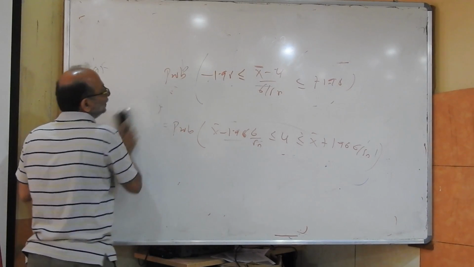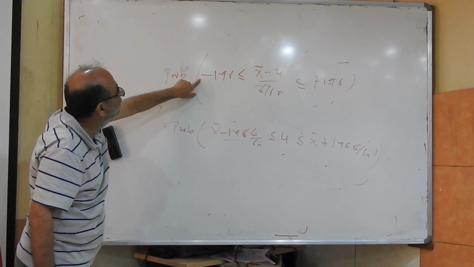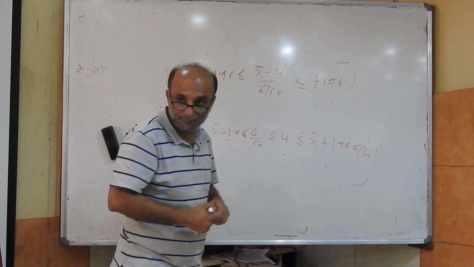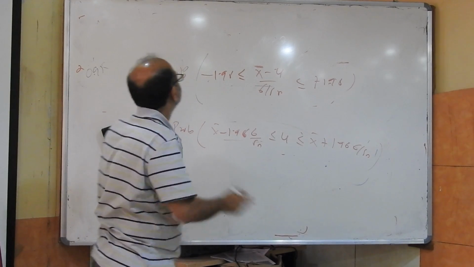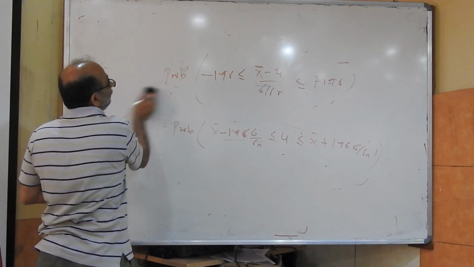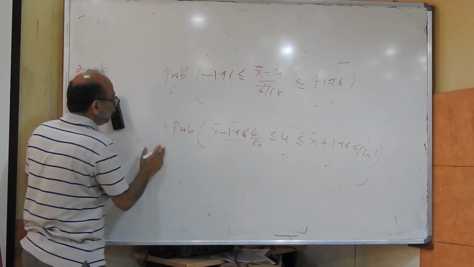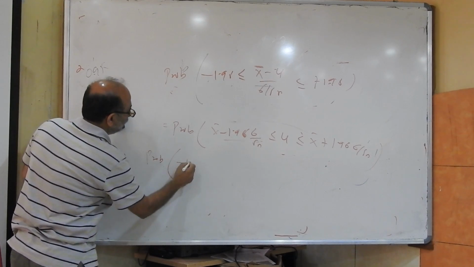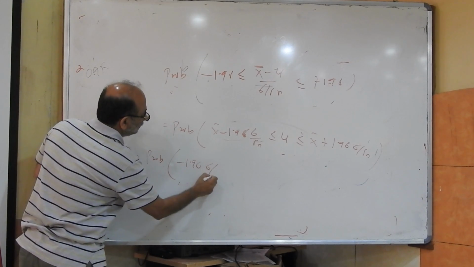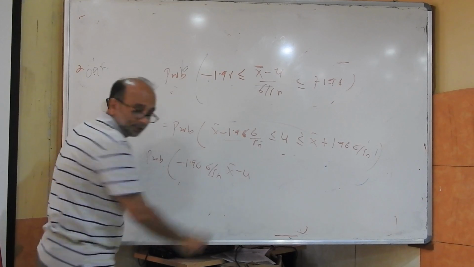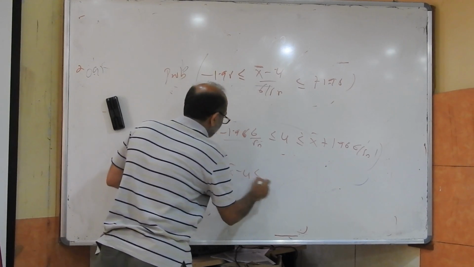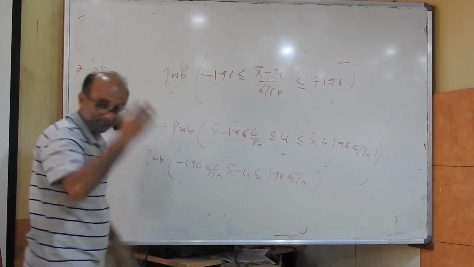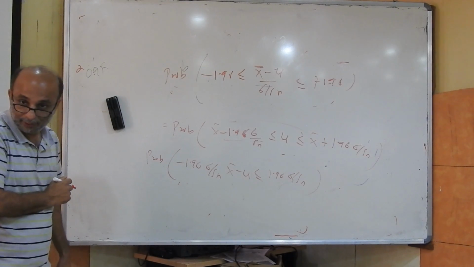Okay, let's do one thing. Let me add X bar here. Let me also add X bar here. So what do I get? First we multiply by minus 1 sigma by root n. So I'll get the probability that minus 1.96 sigma by root n is less than or equal to X bar minus mu, which is less than or equal to 1.96 sigma by root n.